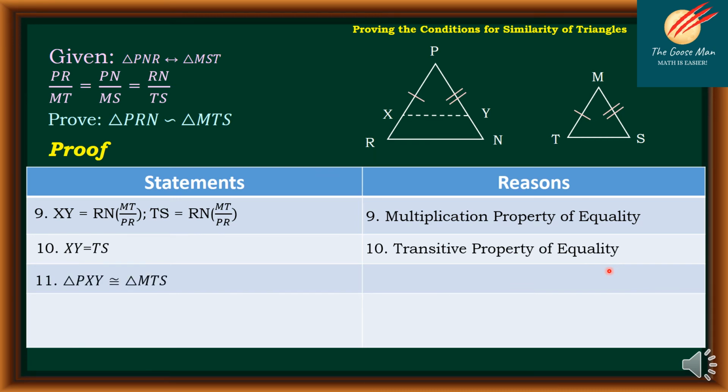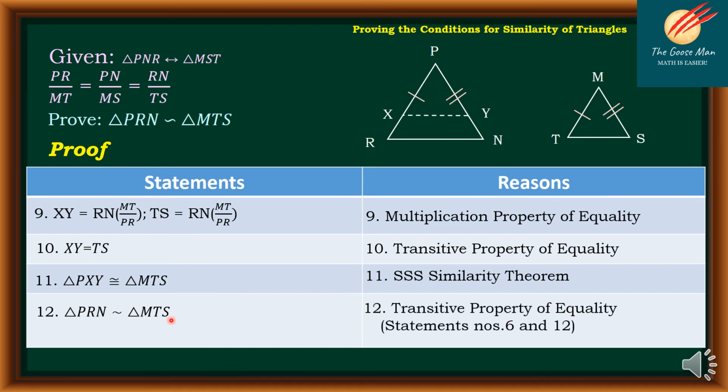For statement number 11, we can say that triangle PXY is similar to triangle MTS because of the SSS similarity theorem. And finally, we have triangle PRN is similar to triangle MTS because of the transitive property of equality, specifically for our statements number 6 and number 12.